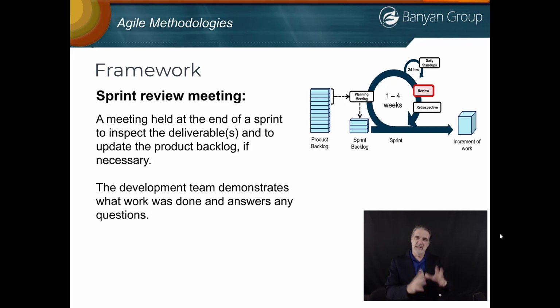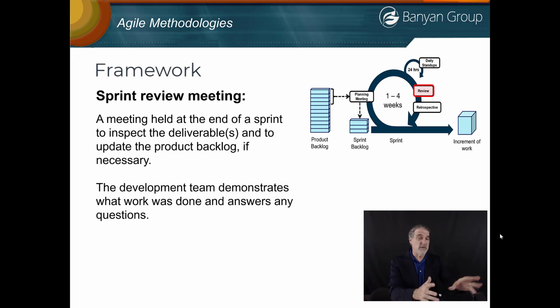The team is demonstrating this is what we've done, this is what you asked us to do, we've completed it, this is what it looks like, and the product owner who represents the customer is looking at it, kind of determining, is that what I want? If yes, they might say, keep going, I like it. If it's not exactly right, they might say, I like this, but I want to change this. Or they might say, wow, based on what I've seen, I need to go a completely different direction.